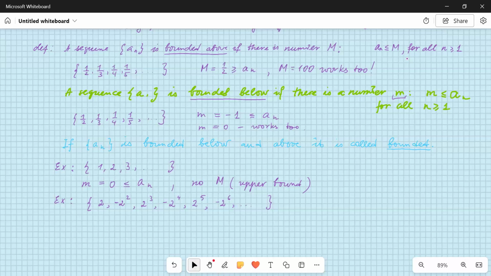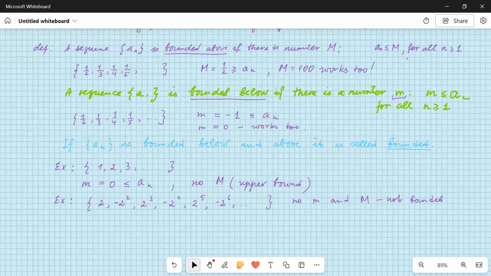So the terms grow in both directions. We have no little m because the negative terms will go down to infinity, and no big M because the positive terms will go up to infinity. So it's not bounded at all. So a sequence can be bounded above, bounded below, bounded, which means below and above, and not bounded. So no restrictions on this sequence in any direction.